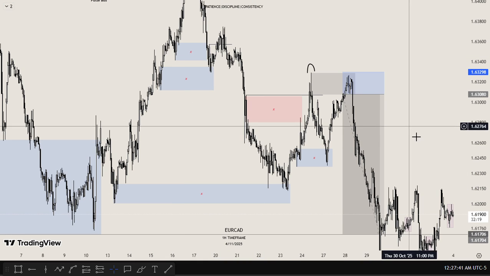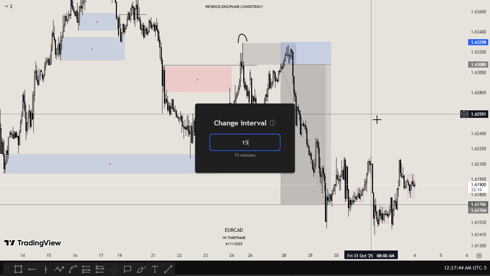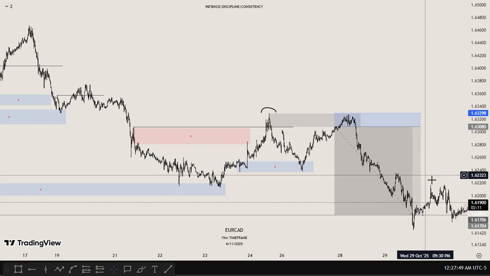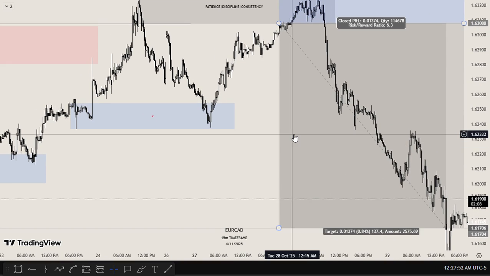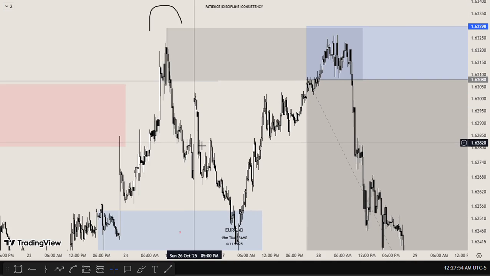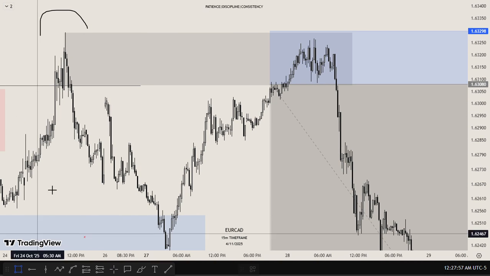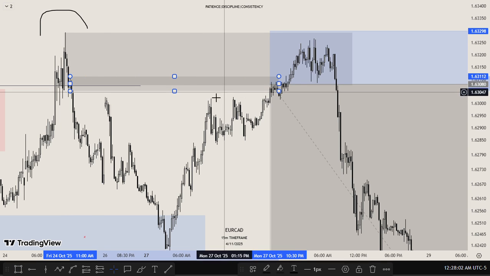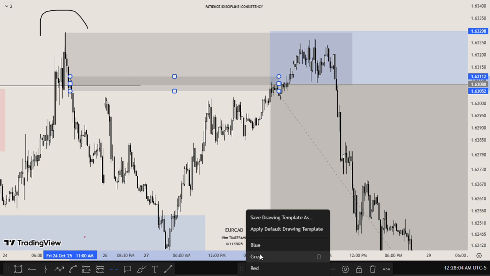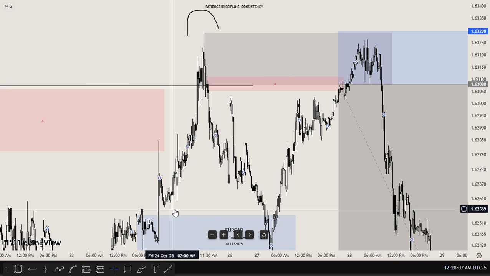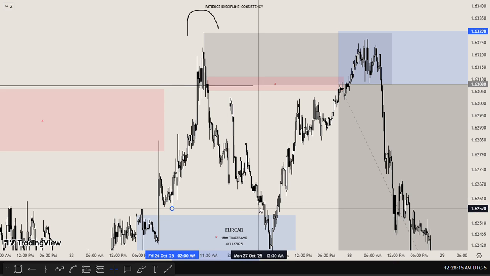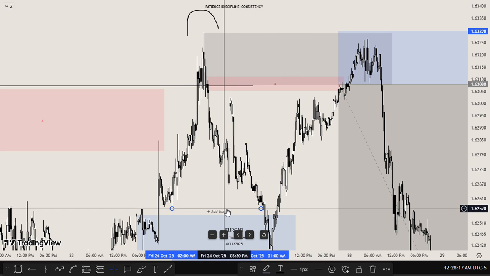If you want refined entries, you could go into the M15. From the M15, what you can see is that liquidity was engineered, rather built, at this high there. So sellers were induced below this low, and they will want to enter from here, because this is like a BRS to the downside.